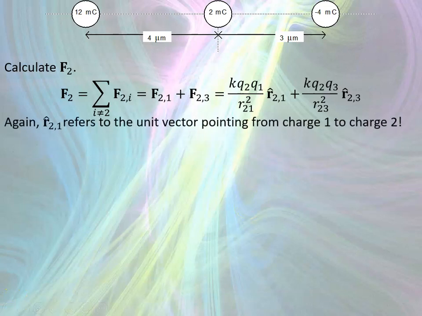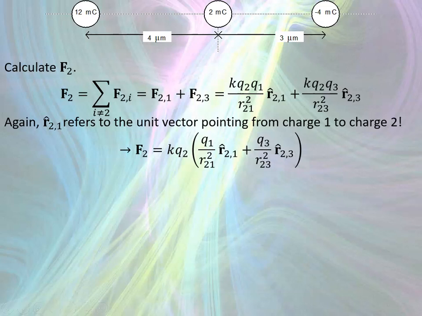And again, those unit vectors mean the unit vector, in this case, the unit vector pointing from charge 1 to charge 2. In other words, this is the unit vector toward charge 2 from where? From charge 1. This next one is the unit vector toward charge 2 from where? Charge 3. Okay.